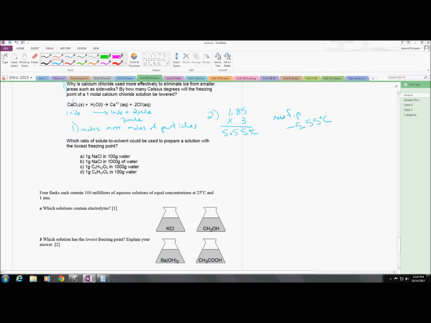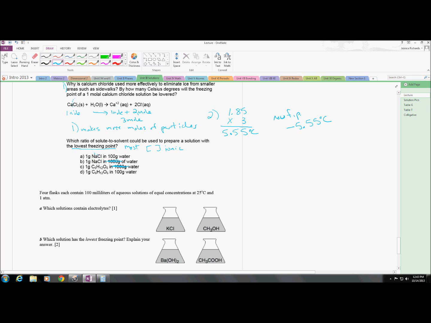All right, multiple choice questions. Which ratio of solute to solvent could be used to prepare a solution with the lowest freezing point? If you want the lowest freezing point, you want the most concentrated ionic one. Because if it's 1 gram in 100 or 1 gram in 1,000, well, the 100 is going to be more concentrated by default.